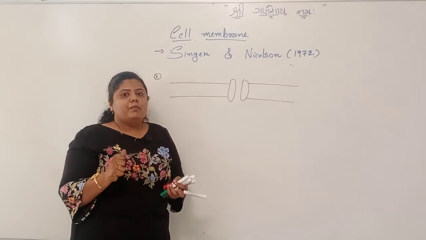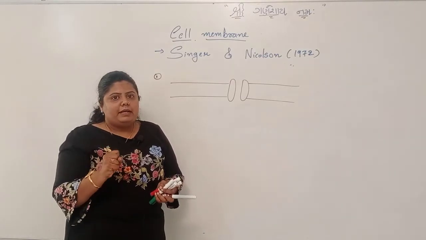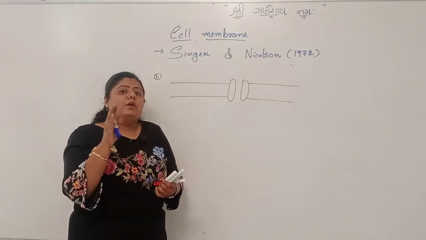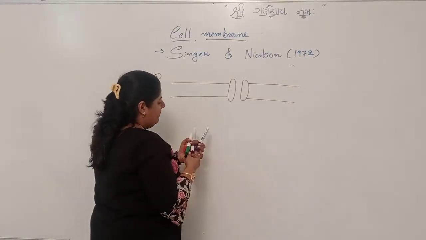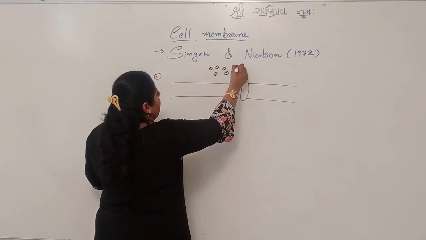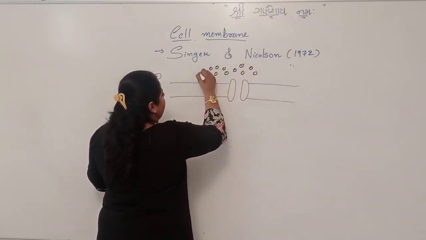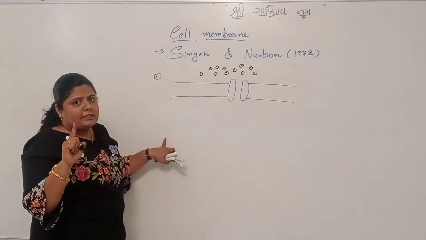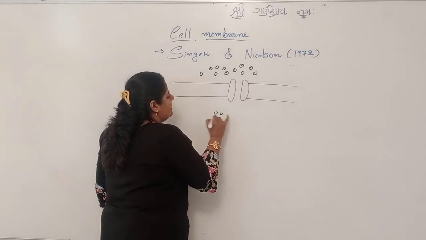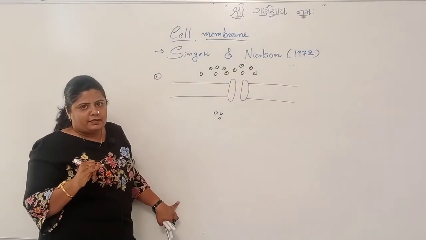So if molecules are made up of lipid material or are soluble in lipid, they are present outside the cell membrane in higher concentration. Inside the cell, they are present in lower concentration.